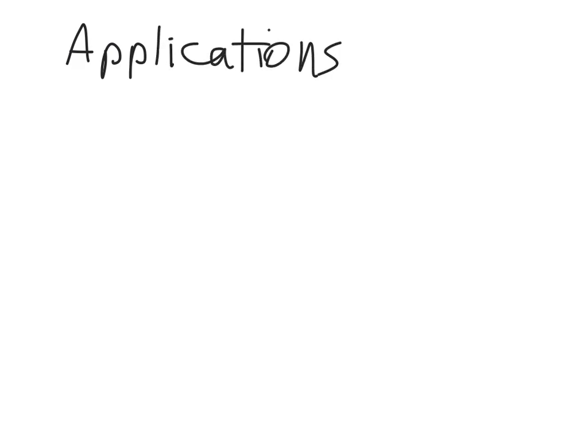In test 1, we looked at a lot of different applications. Now, we've seen a lot of applications through the semester. Not everything is going to be on the final, but it is a possibility that these applications would be there.